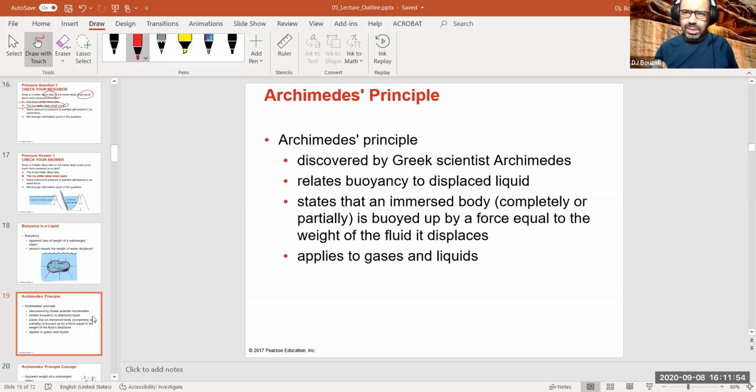He explained that this force that we feel is equal to the weight of the liquid that is displaced, and states that an immersed body, completely or partially, is buoyed by a force, meaning it's lifted by a force equal to the weight of the fluid it displaces. And this is true for both liquids and gases.